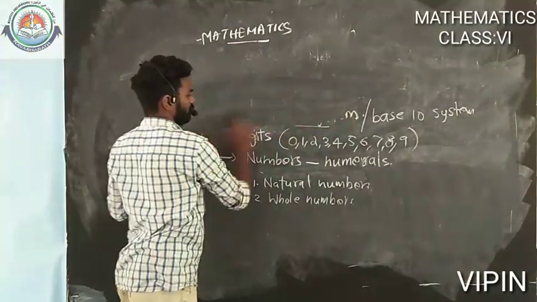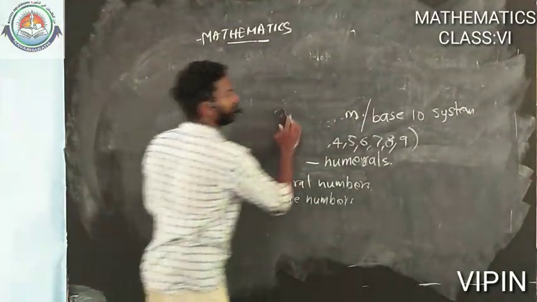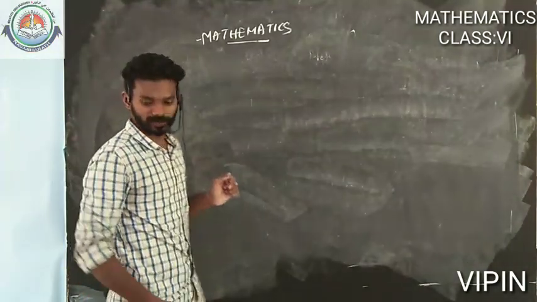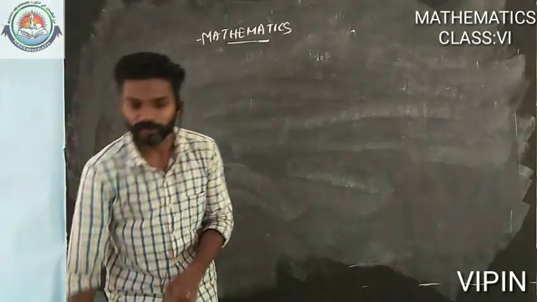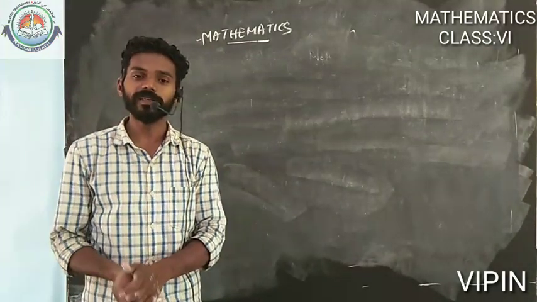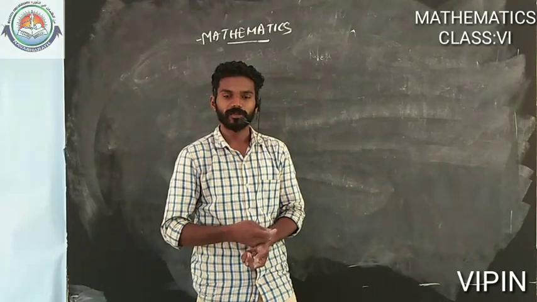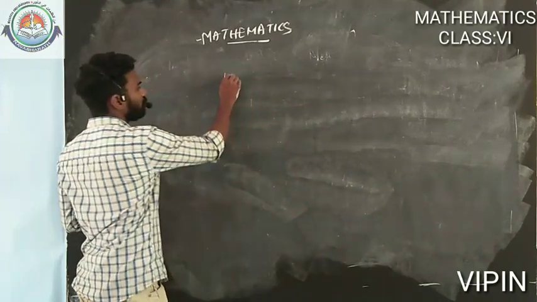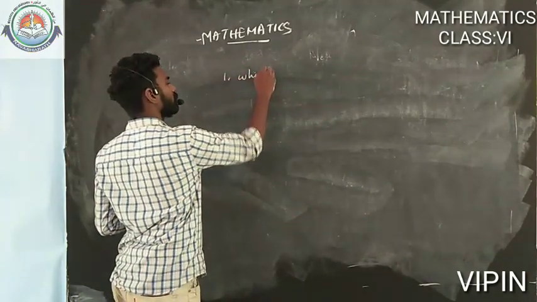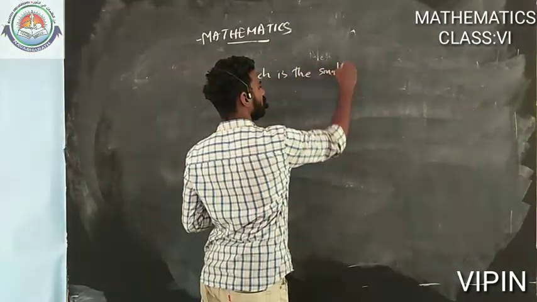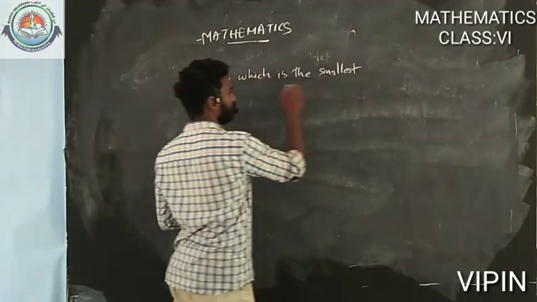And I want to give you some questions related to these topics. So you should write them down and answer them. My first question is, which is the smallest natural number?